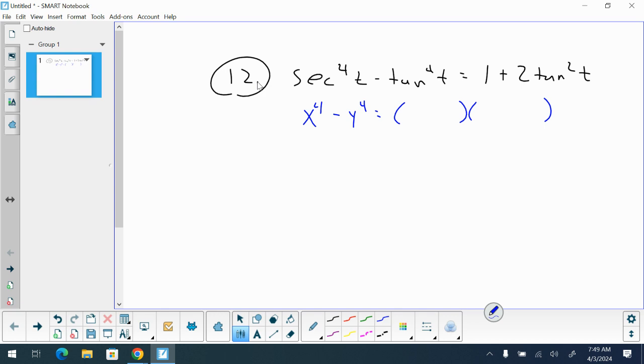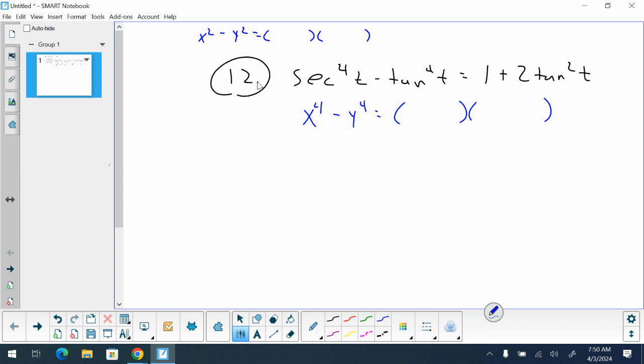I try to simplify these and break these down into algebraic terms and take away the trigonometric ideas. If you had x to the fourth minus y to the fourth, and I asked you to factor that as the difference of perfect squares, well, what you're used to back in the algebra world is x squared plus y squared, or x squared minus y squared.